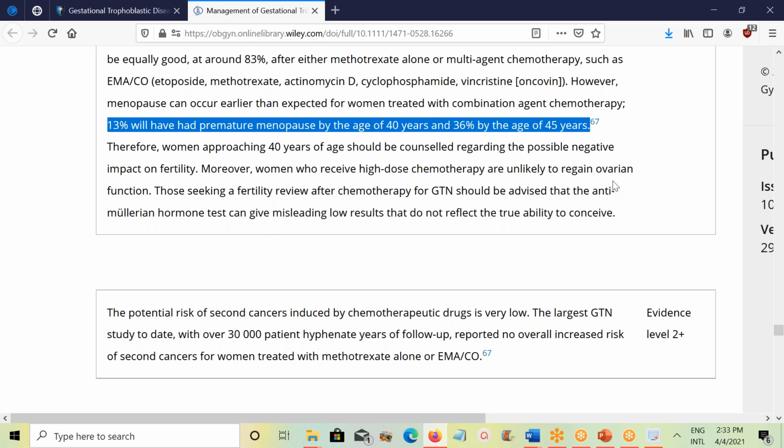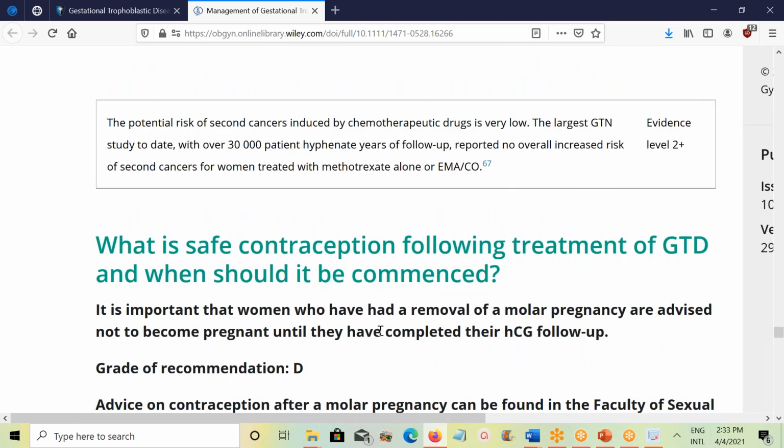They are unlikely to regain ovarian function. That is one thing. Then AMH can be misleading in such cases. We are not going to rely on the AMH for seeing their ovarian reserve. That is the point.